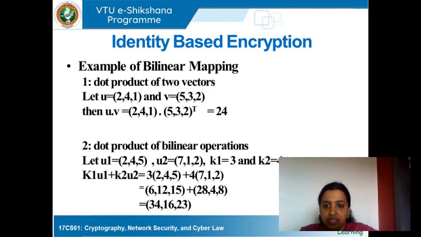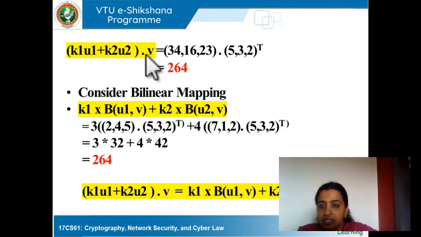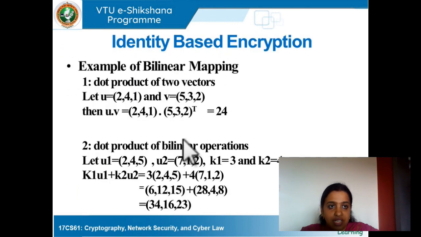Moving further, we need to find the dot product with v. We have seen how to find the dot product. 34, 16 and 23 is what we obtained in the previous step by finding k1u1 plus k2u2. Now the dot product with v, which is 5, 3 and 2.